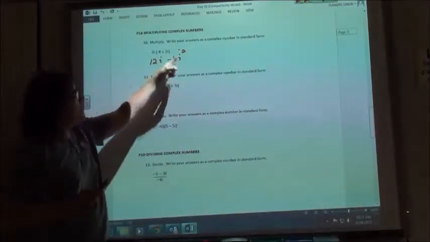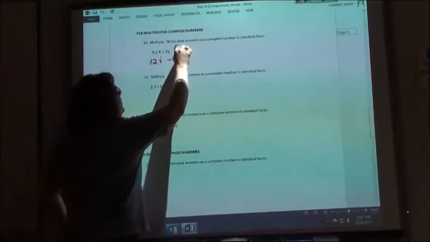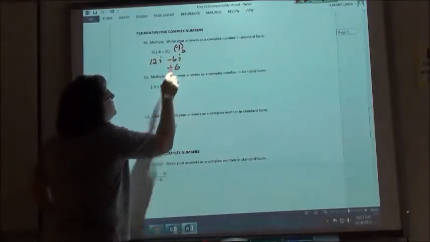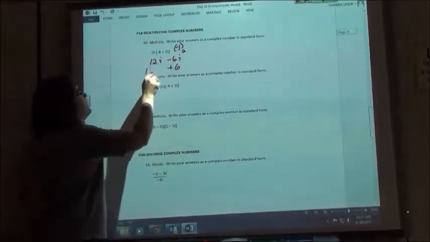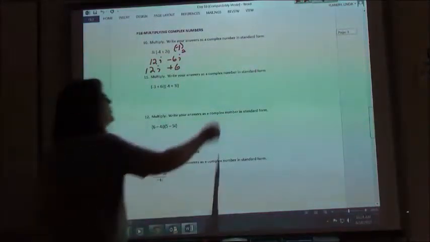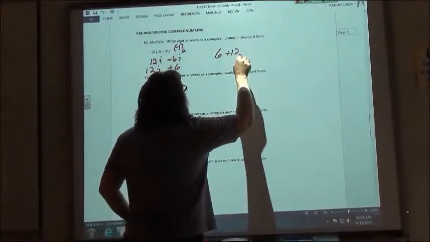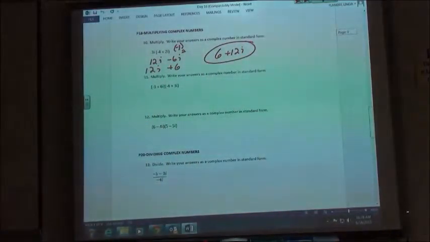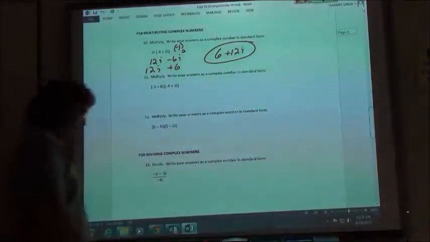The i squared, they're just going to replace with a negative 1. And so a negative times a negative is going to make that a positive 6. So I have 12i plus 6, but then I want to make sure that I put my answer in standard form. So 6 plus 12i is how they're going to want you to put your answer in.